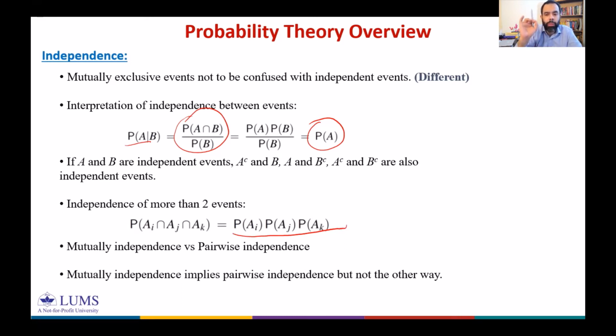And this will form a basis of the naive Bayes classifier we will study in the next couple of videos. Right? So independence implies that if you have a joint probability, you can express joint probability as a product of individual probabilities.